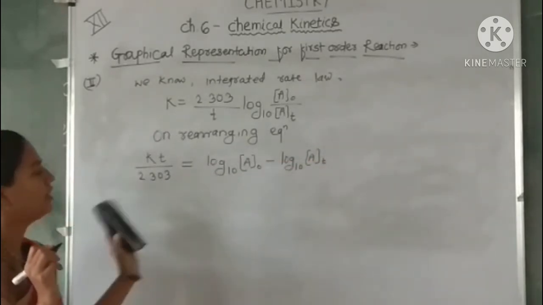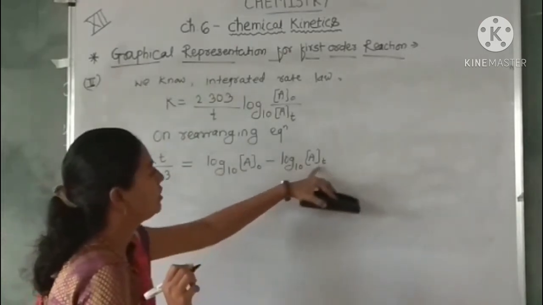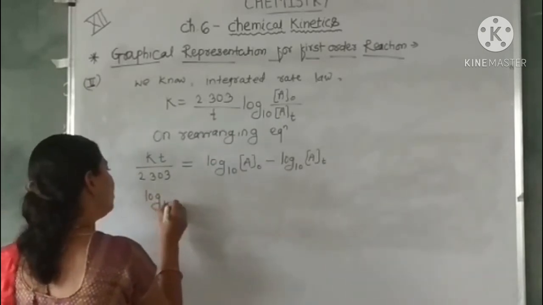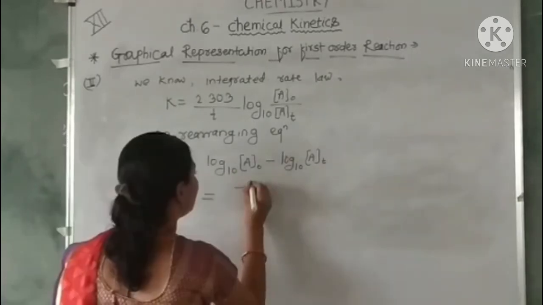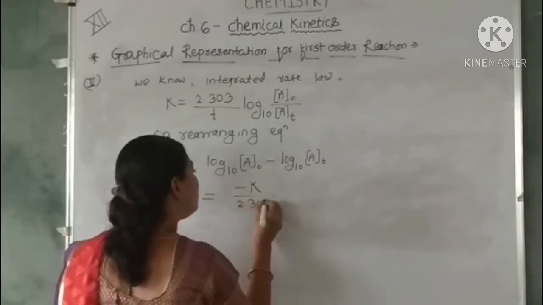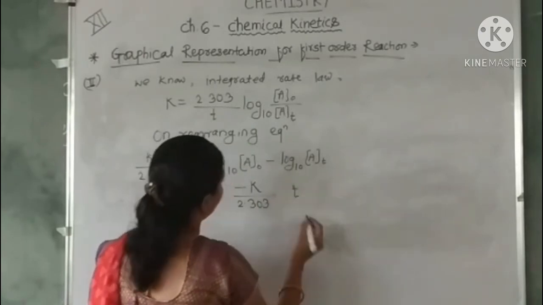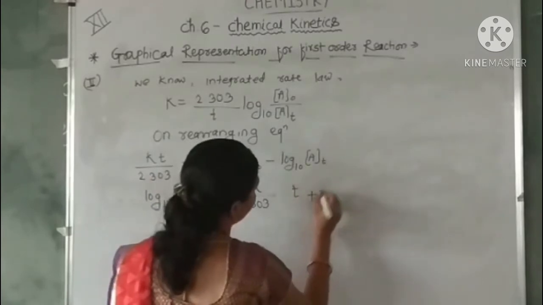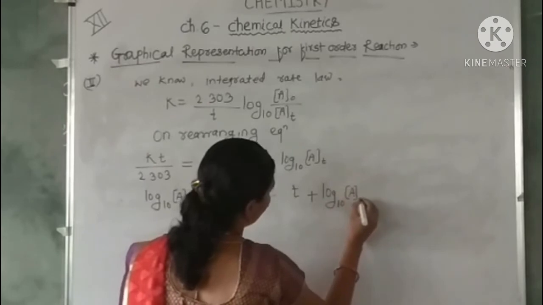Yes, we have to find the graphical representation for log to the base 10 At. Therefore, log to the base 10 At is equal to minus k upon 2.303 into t, plus log to the base 10 of initial concentration.